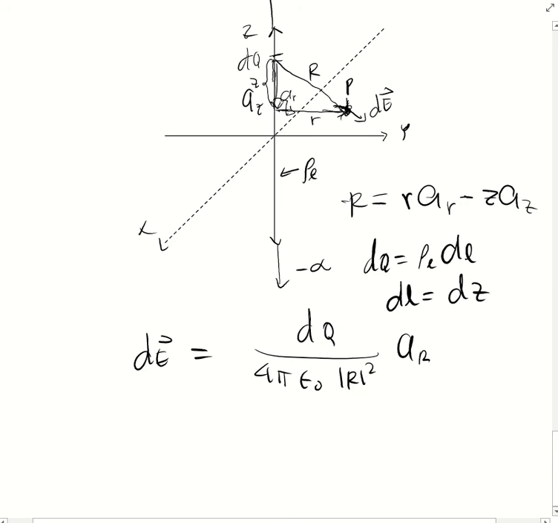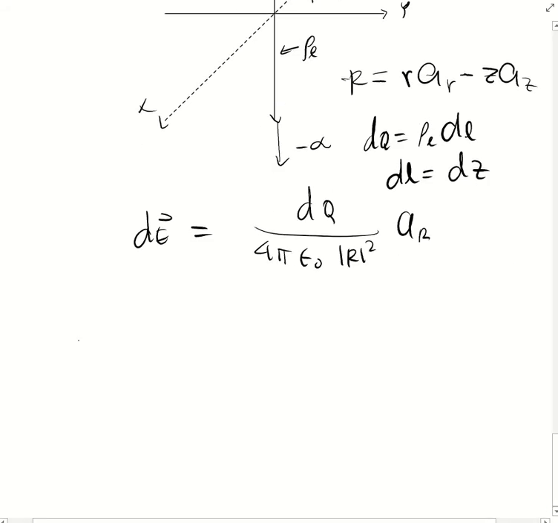So, ngayon, isubstitute na natin para alam natin yung ating E. So, dE will be equal to yung dQ, rho_L times dz, all over 4 pi epsilon naught. How about yung R? O sige, R squared muna.